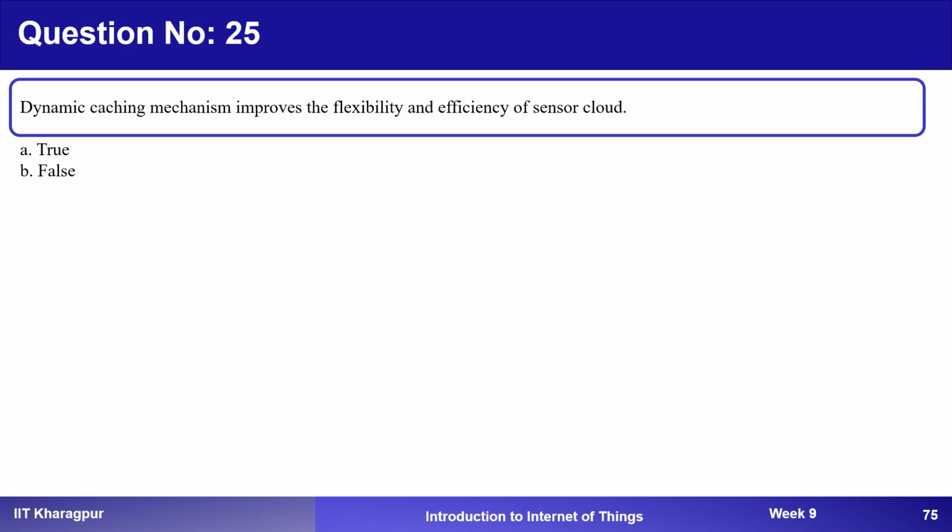Next question is, dynamic caching mechanism improves the flexibility and efficiency of sensor cloud. True or false? True. Option A. Okay, anyone else?